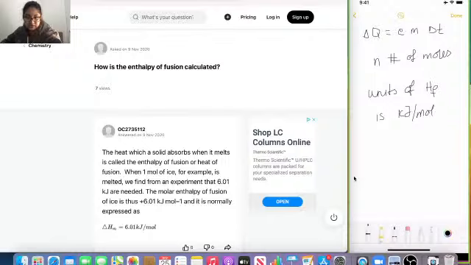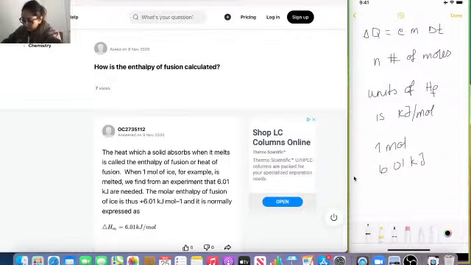In this case, for the enthalpy of fusion of ice, we have 1 mole of ice, and they said the energy needed is 6.01 kilojoules.